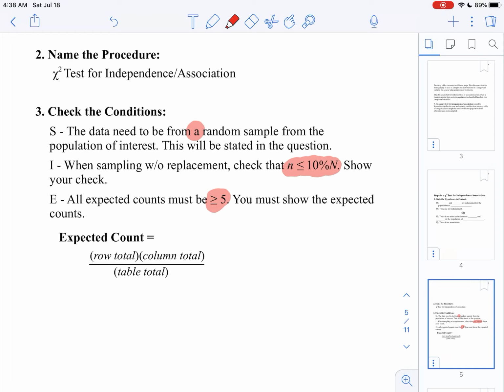The expected count is just your row total times your column total divided by the table total, or what I usually say is the grand total. But remember, our calculator will give us this in the matrix when we run the test. So I don't actually use that formula very often when I'm calculating expected counts, maybe in the multiple choice section of the AP test, but never in the free response section.